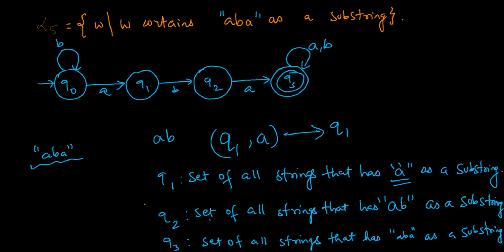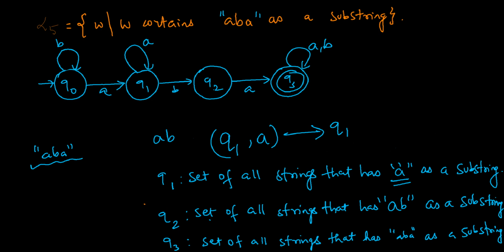You should stay at Q1, because the resulting string is again a string that has A as a substring. So on A you stay at Q1.